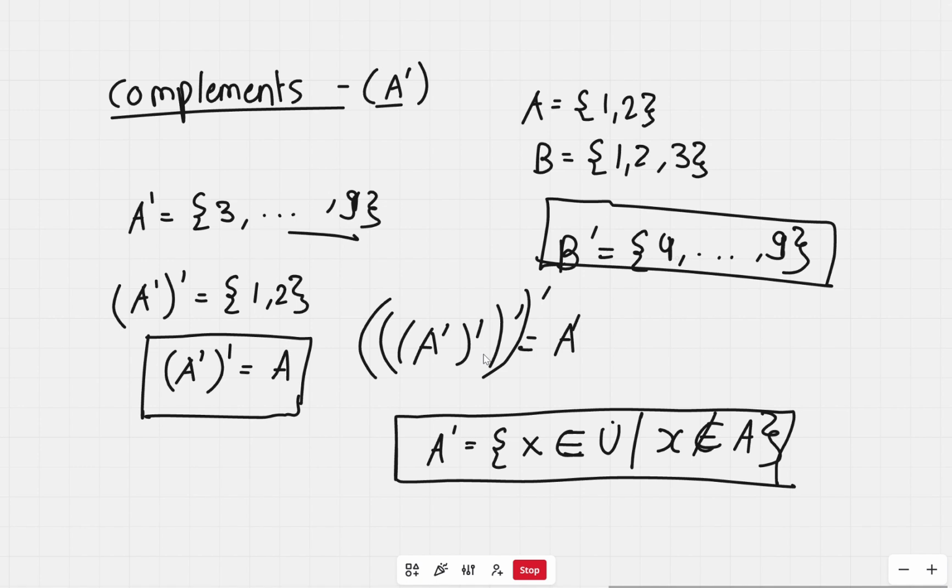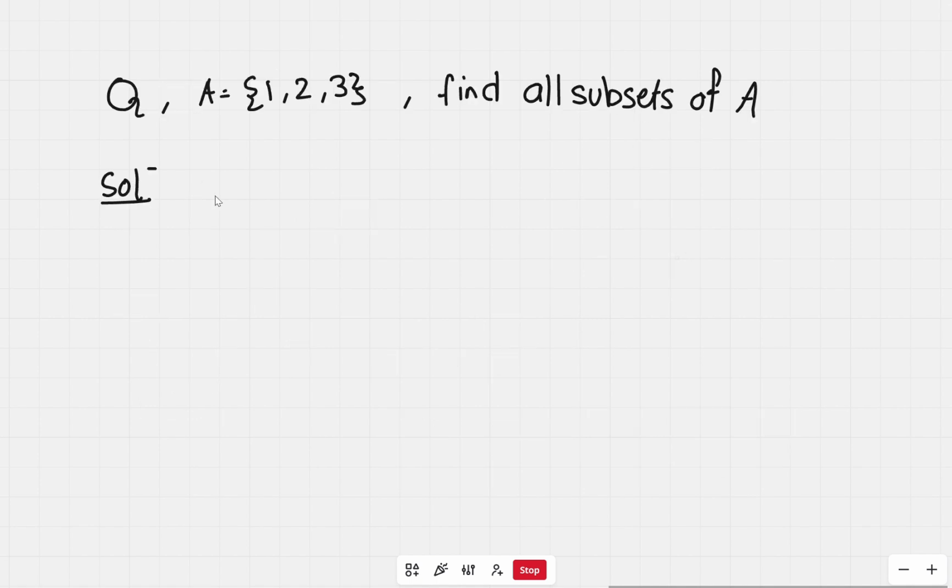We'll start with two basic questions, maybe three basic questions, then we'll solve one question of JEE. Now the first question here is: A has elements 1, 2 and 3. Now we have to find all subsets of A. Let's calculate the number of subsets possible, then we'll find all the subsets.